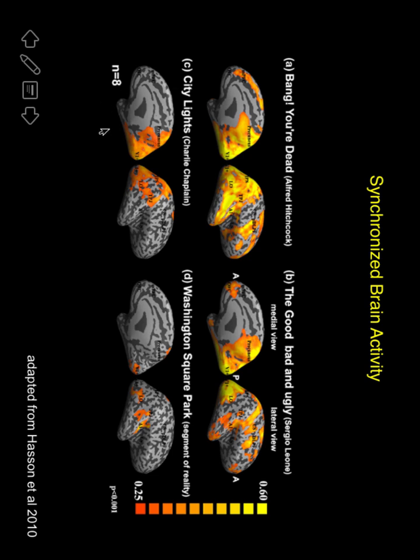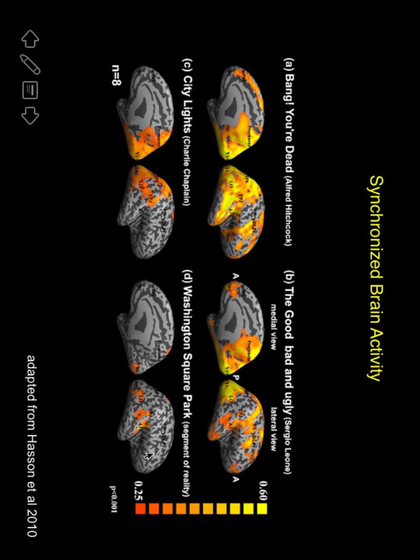These areas are coming online, suggesting some kind of social activation. But when you get to City Lights, it's only the low-level visual areas that are activated similarly across subjects, suggesting that at least in some subjects, they're responding to this movie in a very different way. They might have a very different interpretation of what's going on. This gets even more the case when they showed a video recorded in Washington Square Park.